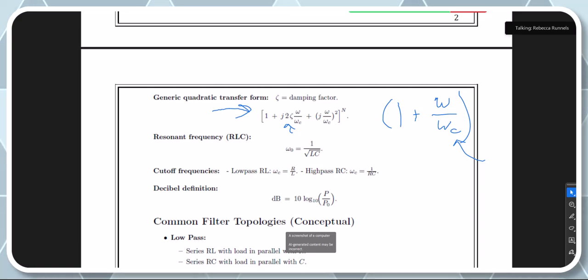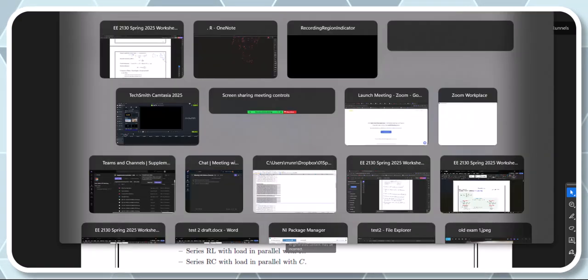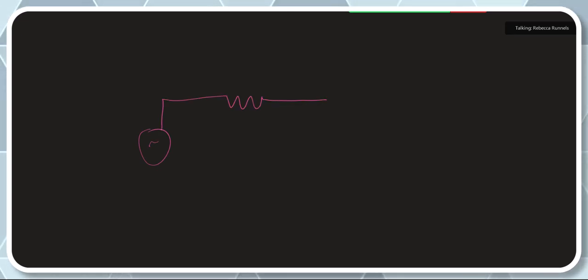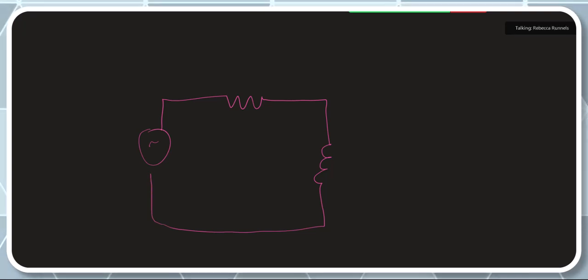And the way you tell what kind of filter you have is as follows. So if you have just RL, so you've got your voltage source, and you've got a resistor, and you've got an inductor, and that's all you have.